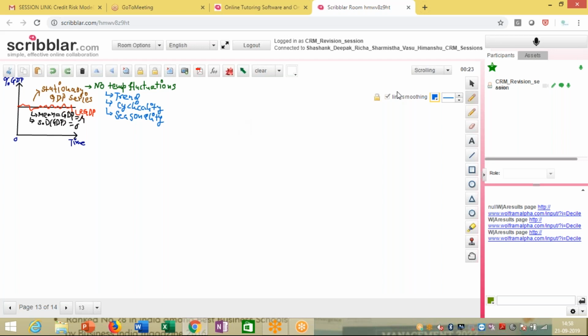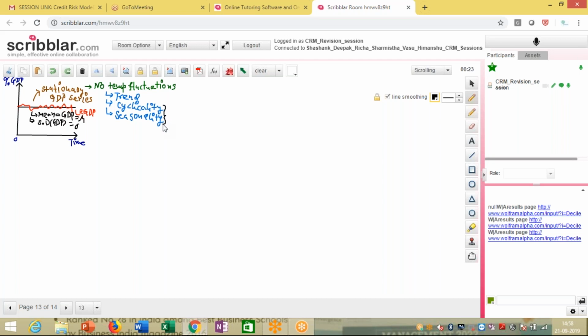Now what do cyclicality and seasonality do? They incorporate an element of periodicity in the data. They would make your data look very periodic in nature.